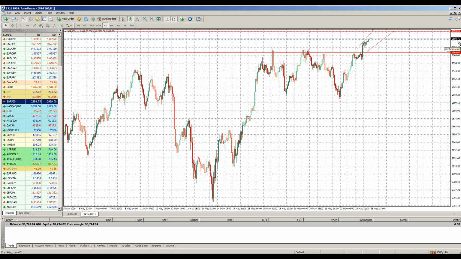I didn't even look at the number, but look at the number here. 2,999. 3,000. Round numbers many times represent a spot where traders see that as the next level of resistance or support. So 3,000 is a significant level, 2999 point whatever.